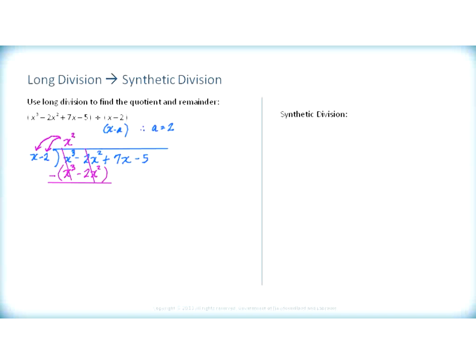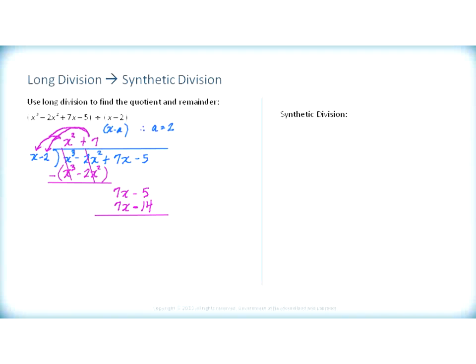We take down the 7x minus 5, and we repeat the process again. X multiplied by what equals 7x, and the answer is a plus 7. 7 needs to be multiplied by both terms in the divisor, so we have 7 times x is 7x, and 7 multiplied by a negative 2 is a negative 14.